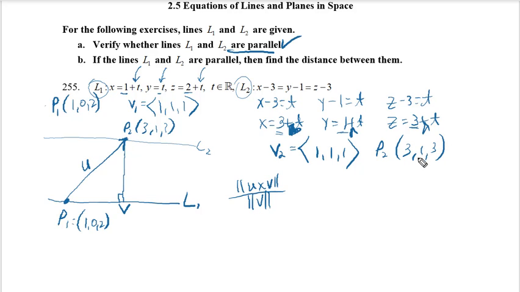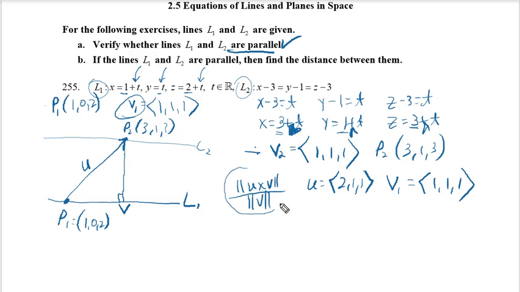So then the vector from P1 to P2 would be the vector 2, 1, 1. And then we've already found the vector v to be 1, 1, 1. We'll do the cross product of those two divided by the magnitude of that. And again, I'll type that on my calculator. That comes out to be square root of 2 over square root of 3, which simplifies to the square root of 6 over 3.